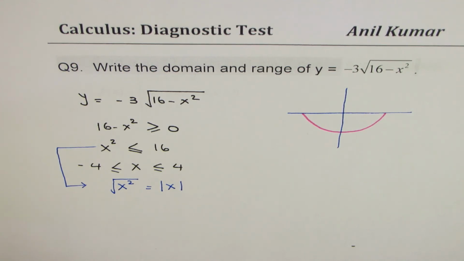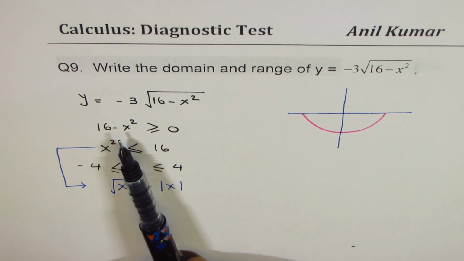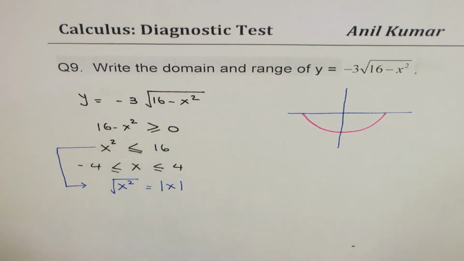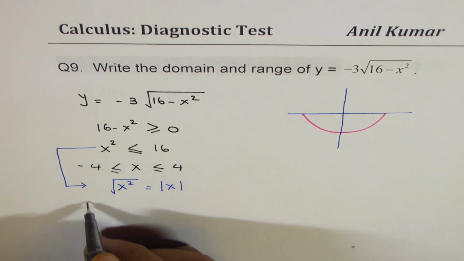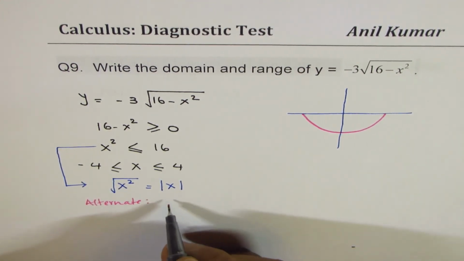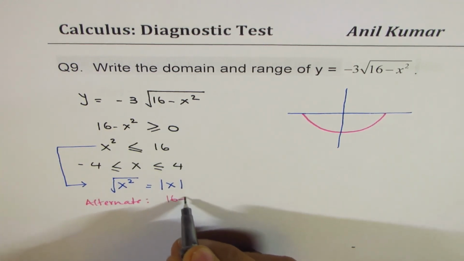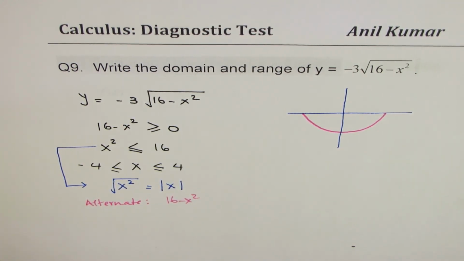The other way to look into it is that you could actually sketch this function, right? And then figure out which portion is greater than 0. Correct? So the alternate way to look into this is like this. You could sketch this particular function, which is 16 minus x squared.